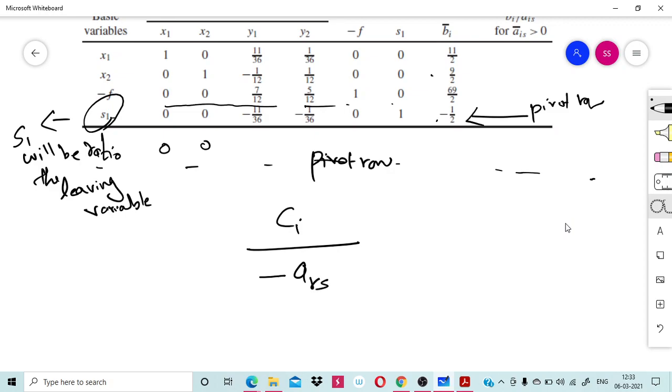So for the first columns you will get 0 by 0, not defined.